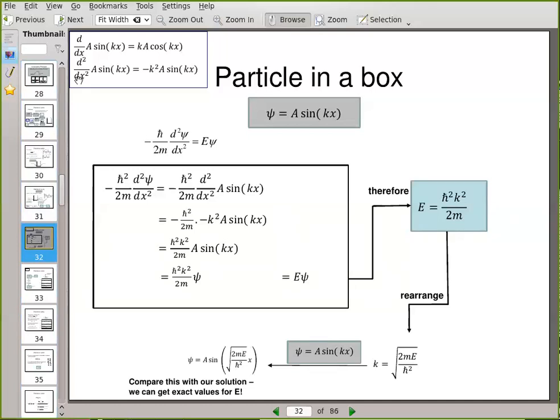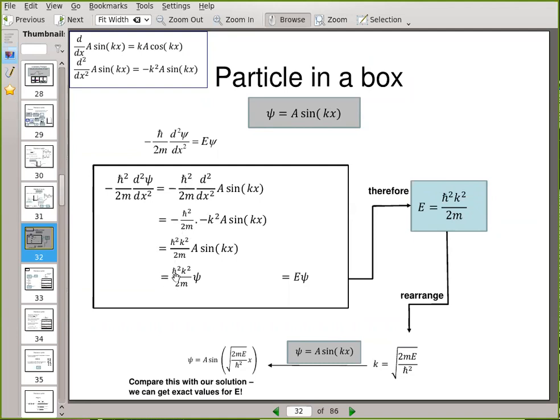So d2 by dx squared of a sine function is minus k squared times the function again. So this is promising that it's going to work well as an eigenfunction and not be damaged by d2 by dx squared.